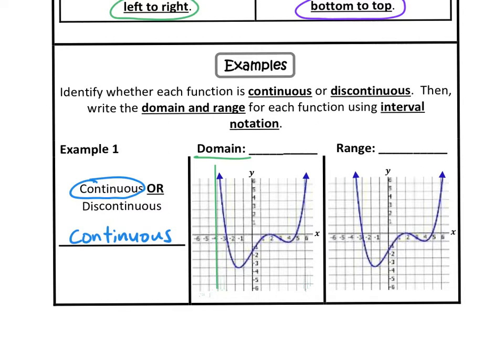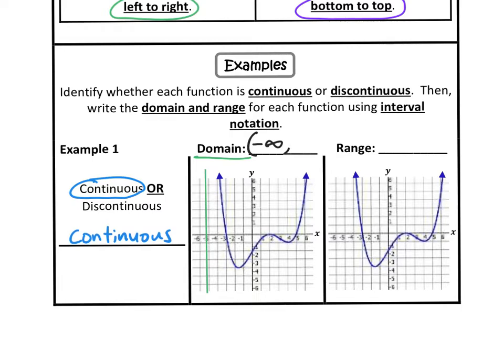So the graph starts, or exists, all the way to -infinity. So -infinity. And do we put a parentheses or a bracket? We have to remember that for infinities, we're going to put parentheses.